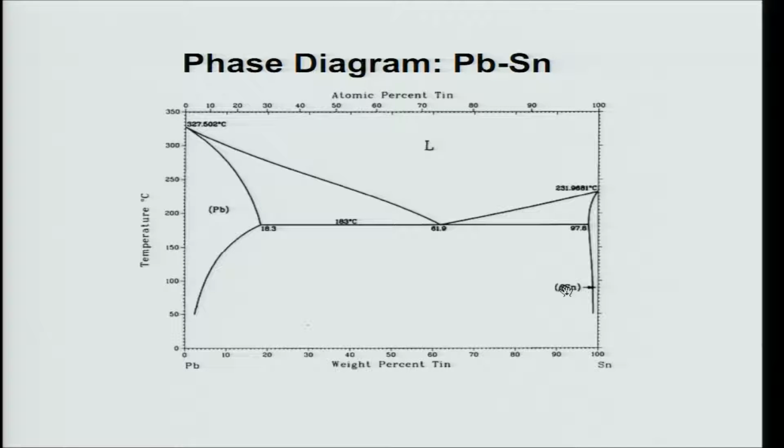Because of this simultaneous formation of two solid phases from the liquid, many different types of microstructure are possible during solidification. I will start with the classical lead tin example, because lead tin is still used as solder material for all electronic gadgets.